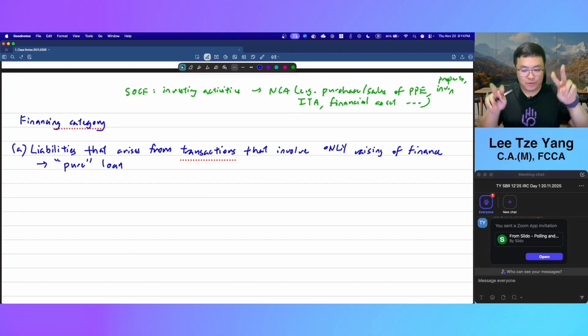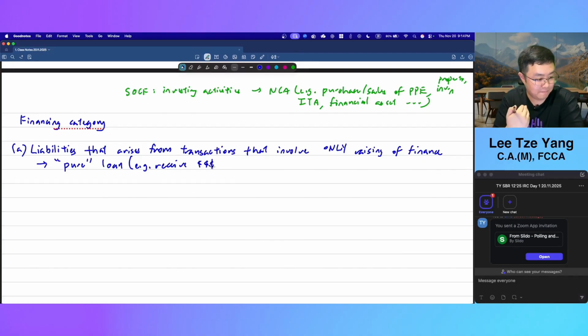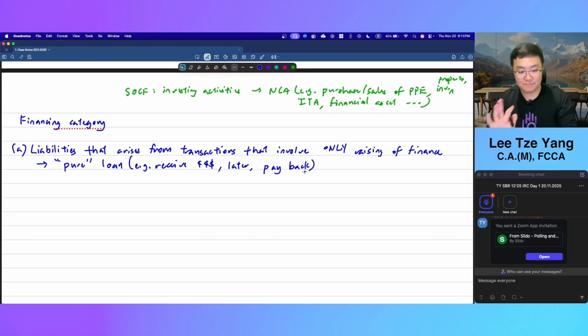Now, you don't write pure loan in exam. But when I say pure loan, it means something like we receive money, and then later, we will pay back. That's the meaning.